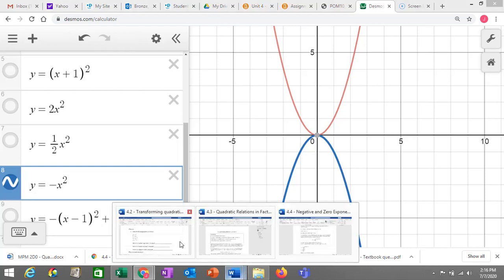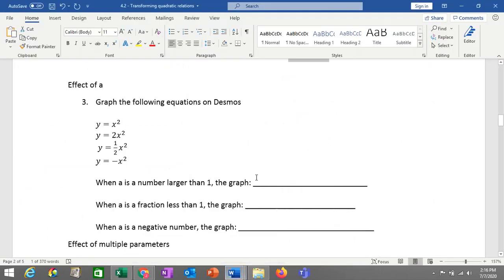Okay, so let's fill this in. When a is a number larger than 1, the graph stretches by a factor of a. So you'll hear it said that way sometimes, stretches by a factor of a. What does that mean? Well, factor means multiplied. So you're multiplying the coordinates by a, and so that stretches them out.